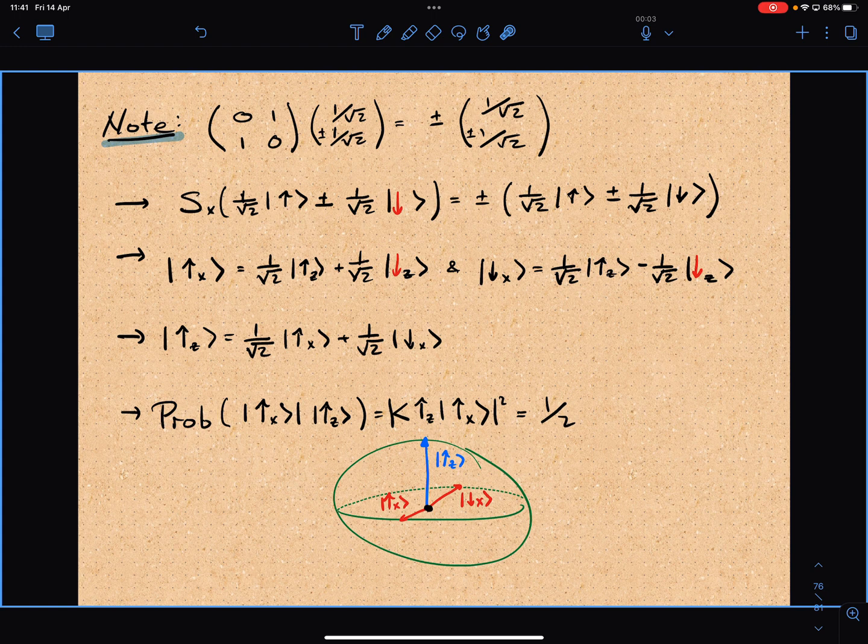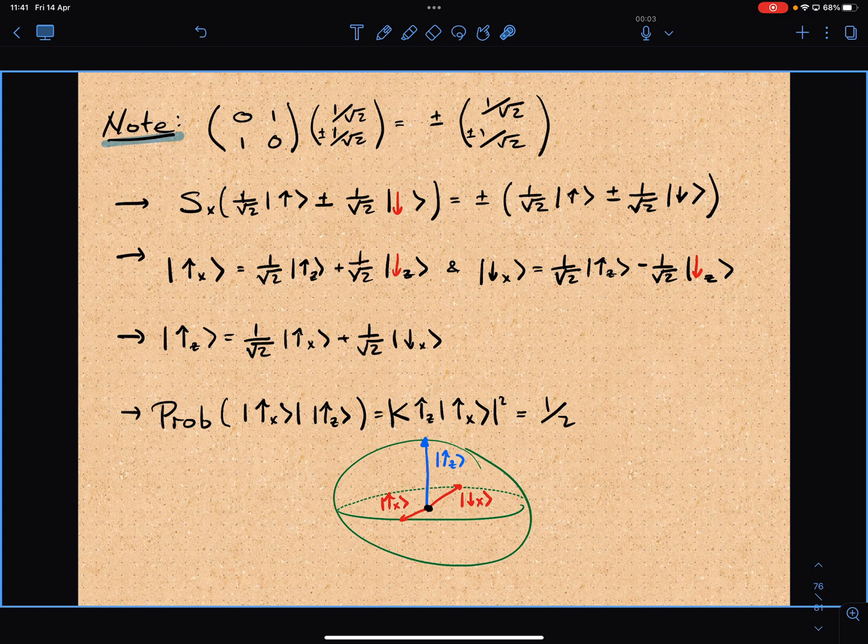And this is the motivation, or the consistency check, that these operators are the spins in those directions. What I'm doing here is that I have a state that's prepared in the upspin direction in the z direction, and if I want to measure the upspin in the x direction, we know that it's either going to be upspin or downspin.